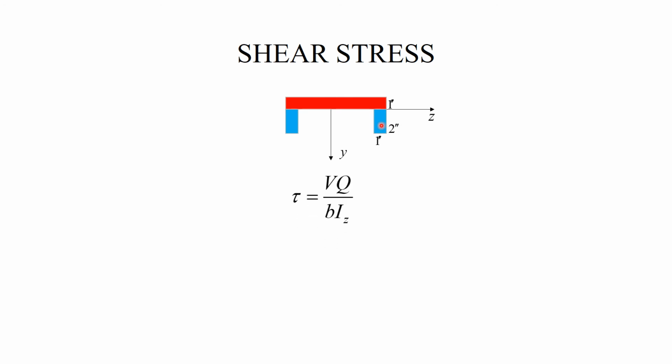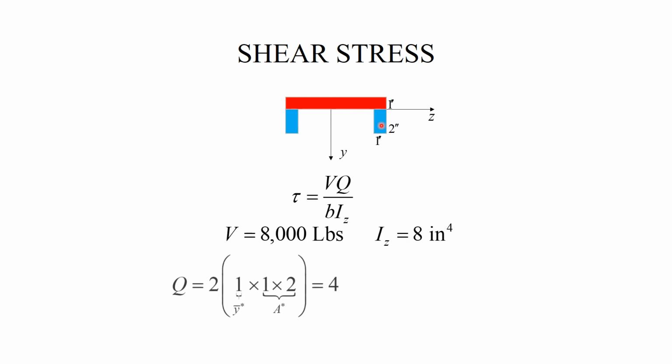The standard formula could be evaluated using V from the shear force diagram and IZ calculated previously. Now for Q, the calculation proceeds as follows. If I look at one web, then there is Y bar star, A star, and now I have to multiply by 2 because there are two webs.